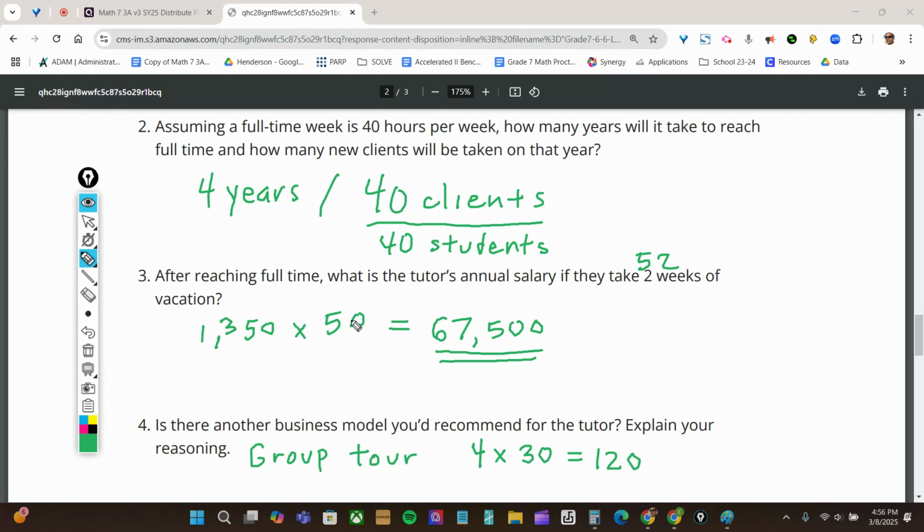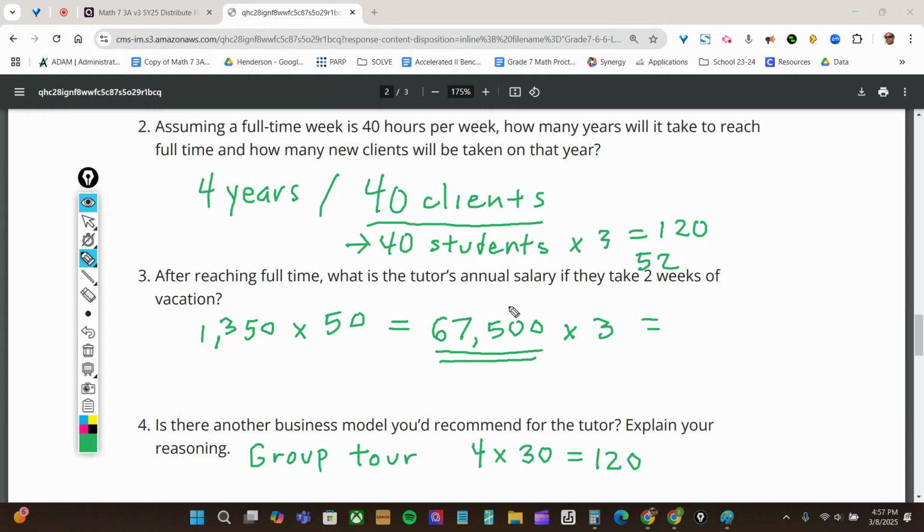If I'm getting paid what this dude is getting paid, and he only has 40 students, basically I have 3 times as many students, because what's 40 times 3? That's 120, right?